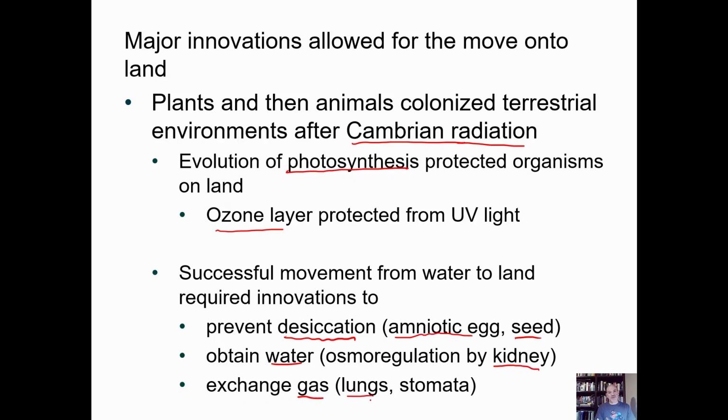In vertebrate animals, for example, we have lungs, and other kinds of animals have other means of exchanging gas. For land plants, you have the stomata within the leaves, the little holes underneath that allow them to exchange carbon dioxide and oxygen for purposes of photosynthesis. So these are ways that multicellular organisms solve problems of moving onto land. So be familiar with those.